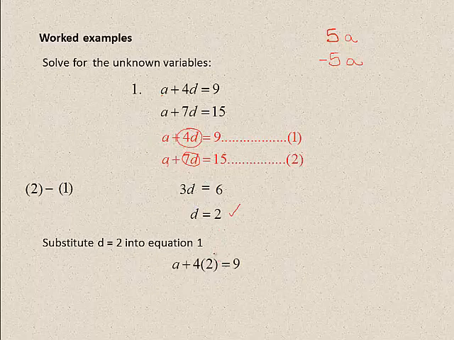And what is the value for d now, guys? The value for d is equal to 2, and this is equal to 9. And all I do now is a plus 8 is equal to 9, and a is equal to 9 minus 8, which is equal to 1. And this is my simultaneous equation solved. Quite easy. Let's go over to another example.